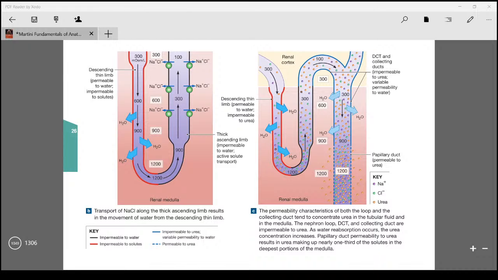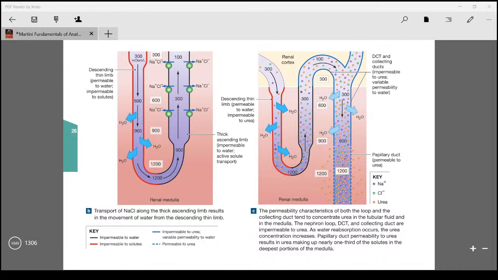Now, there are two parallel limbs of the loop of Henle, or nephron loop, which have very different permeability characteristics. The descending limb is permeable to water, and it is impermeable to solutes.